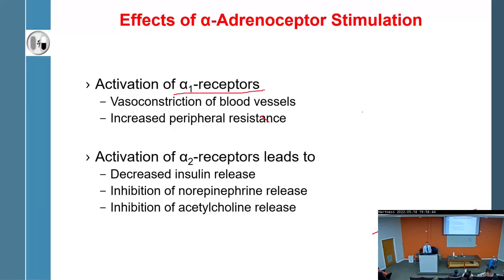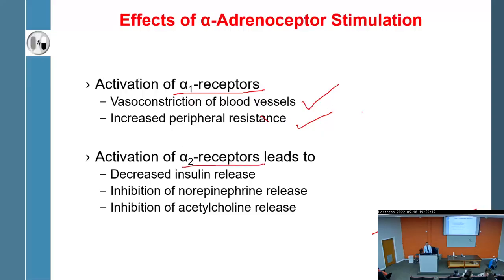What will happen? Well, you're always going to have vasoconstriction. The diameter of the vasculature will narrow, and then you will have increased peripheral resistance. So hyperactivation of those receptors actually increases blood pressure. That's one effect of activating alpha-1 receptors.